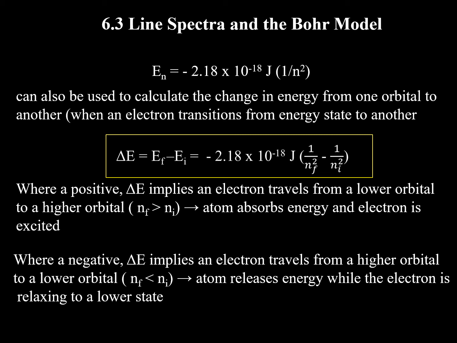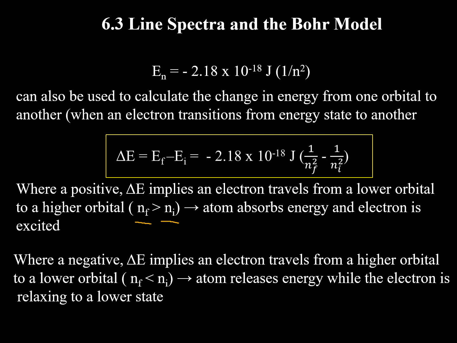Another equation comes off from E_n equals negative 2.18 times 10 to the minus 18, 1 over n squared. We want to figure out how much energy is released or absorbed when it goes from one level to another. I mentioned earlier that if the initial level, n equals 1, goes to a higher level, whether n equals 2, 3, 4, 5, 6, this will result in an absorption of energy.